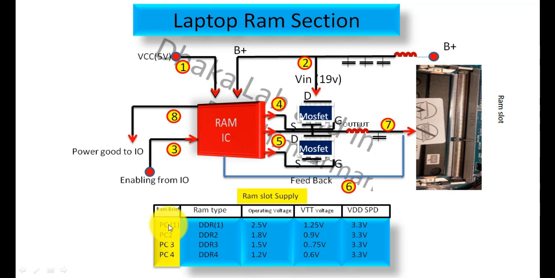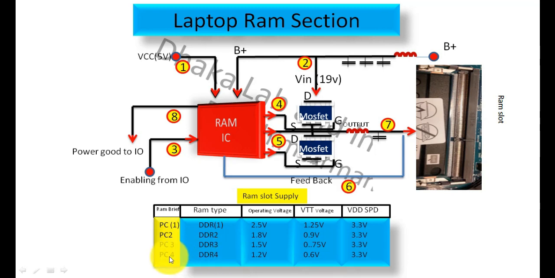In the RAM, when we see DDR, that means DDR1 RAM, and there may be PC. If we see these things, we can say that this is DDR1 RAM, and for DDR2 RAM there will be DDR2 directly, or PC2. For DDR3 there will be PC3. For DDR4, PC4.